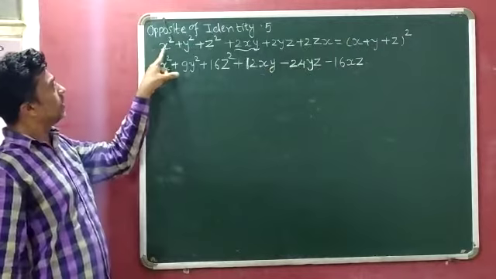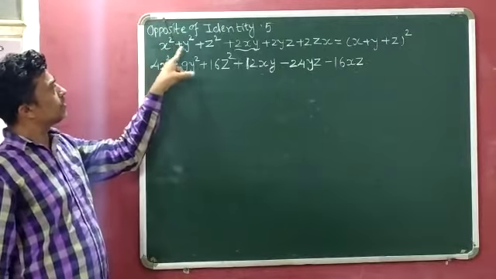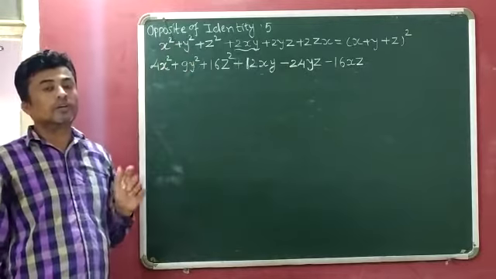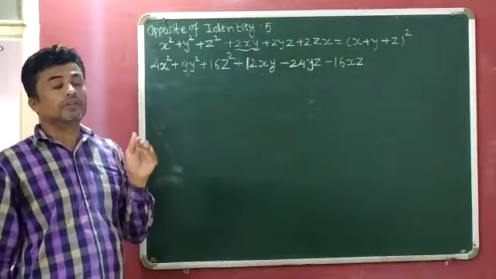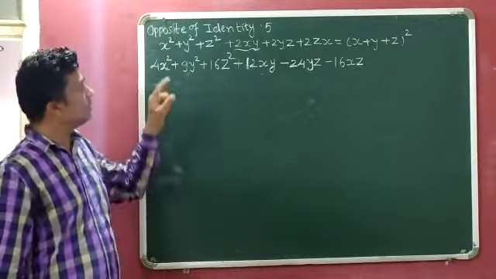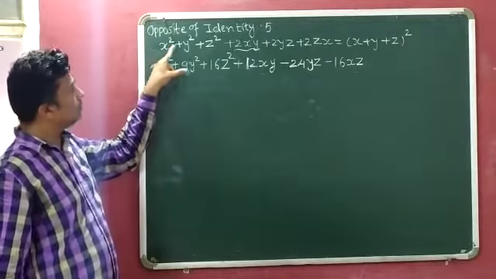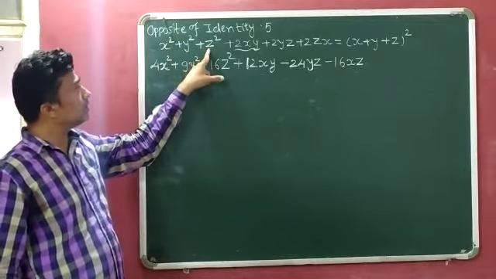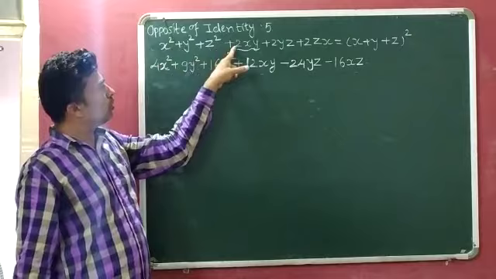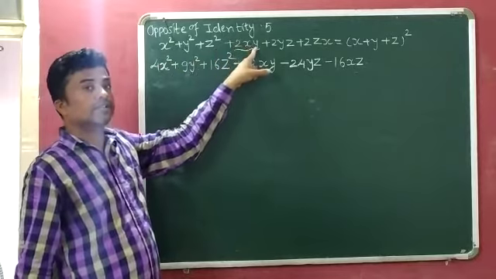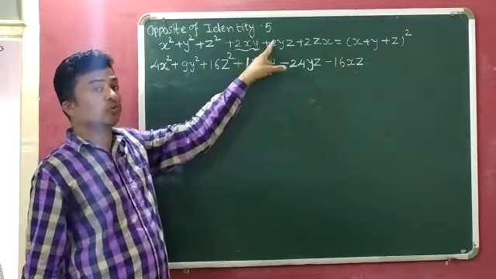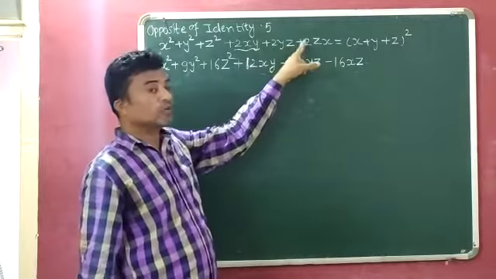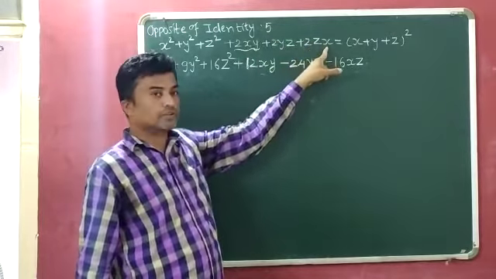So see children, here x is the first term, y is the second term and z is the third term. Now this identity we can use if and only if we have the square of the first term plus square of the second term plus square of the third term plus 2 times first and second term plus 2 times second and third term plus 2 times third and first term.